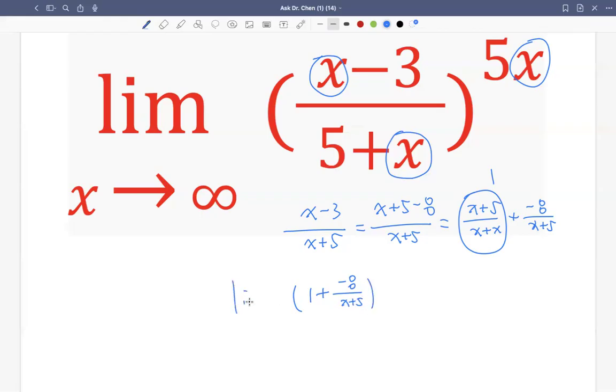So let's take the rest: limit as x approaches infinity, then this raised to 5x. So recall the definition of the Euler number: it equals the limit when x approaches infinity of 1 plus 1 over x, raised to x.